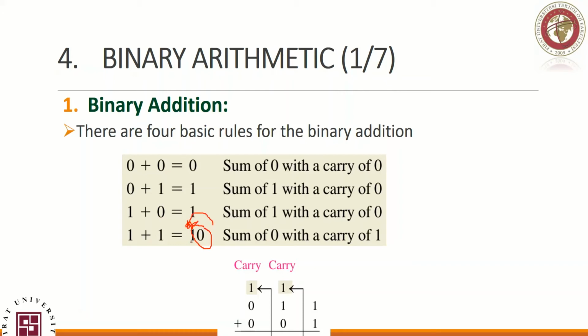So we have a 1 in the carry. The result is 0, and there is a carried 1 to the next digit. Okay, this is the idea.